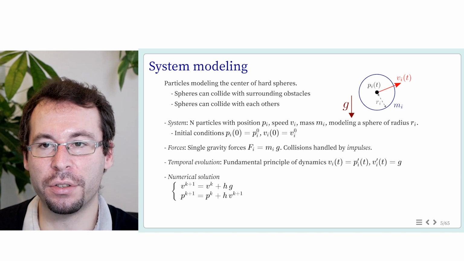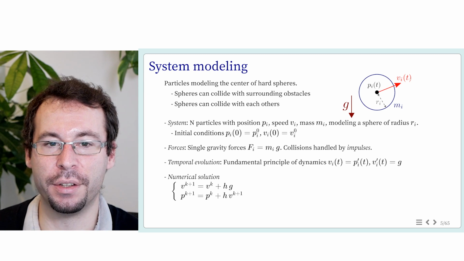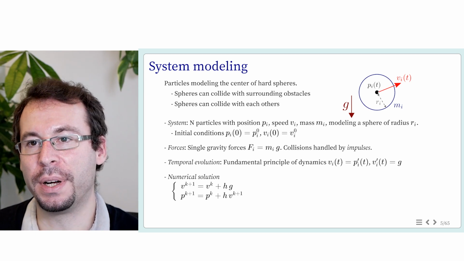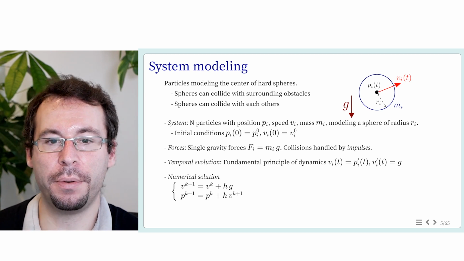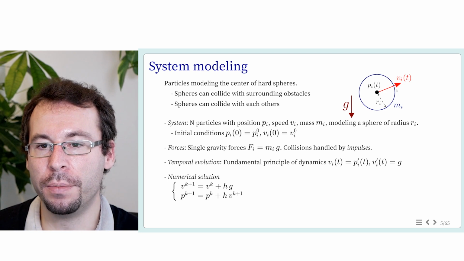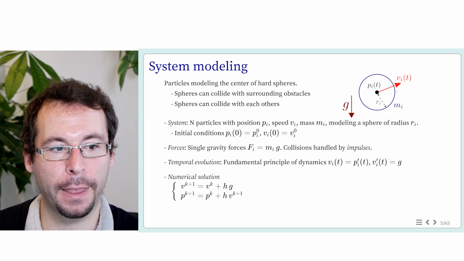I know the initial conditions, so I know the p_i at t equals 0, the v_i at t equals 0. I have only one force, which is applied to the particle, which is the weight of the particle. And the collisions between particles and with obstacles are going to be handled using something called impulses.